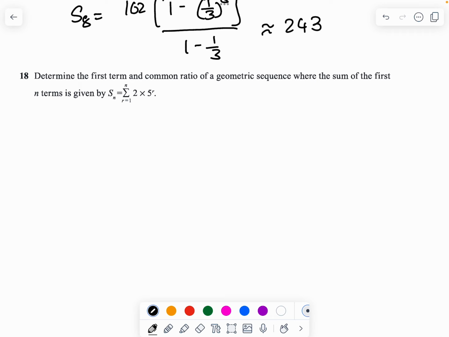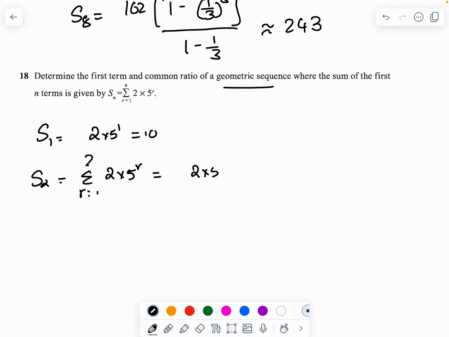Question number 18. Determine the first term and the common ratio if the sums of the first n terms are given. This is for a geometric sequence. So for S1, I just typed out 2 times 5 power 1, which is 10. S2 means sigma r equals to 1 to 2. So I have to do 1 to 2.